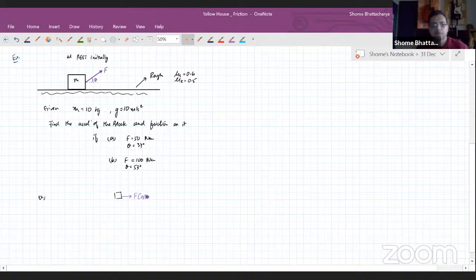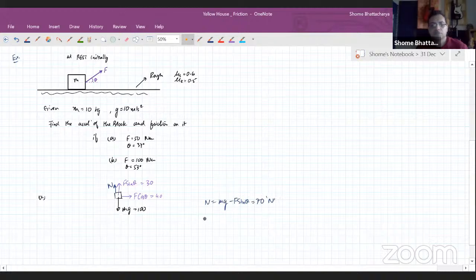In the first part, this horizontal component will become 40 newtons, and the vertical component will be 30 newtons. So weight of the block being 100, the normal reaction will be mg minus F sine theta. In this case, it will be 70 newtons.